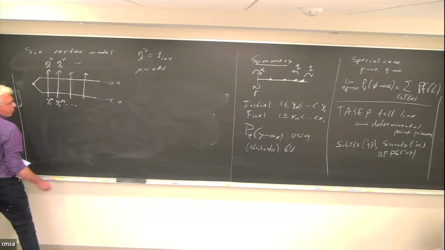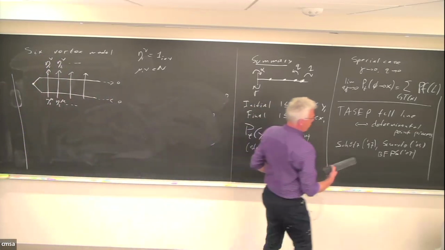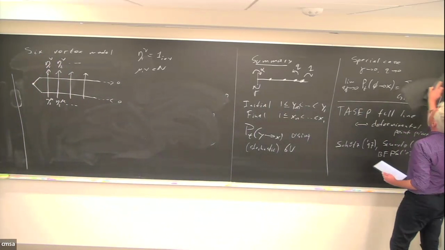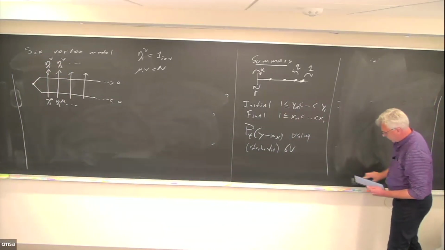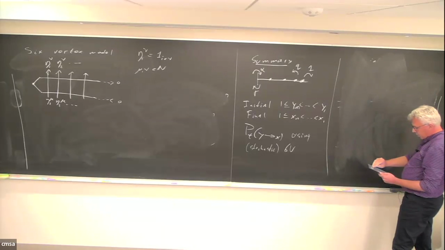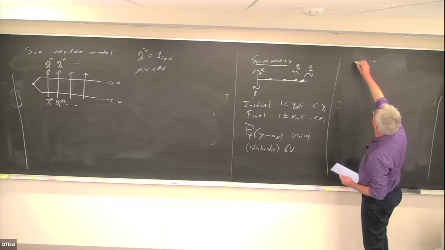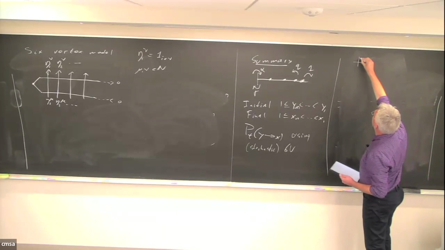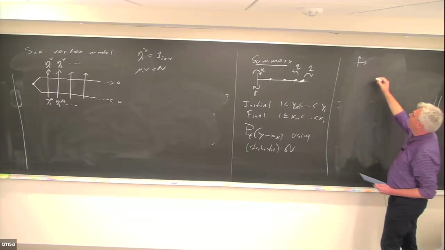And maybe I'll put the 6 vertex model here because I do need it. So we think of a vertex that occurs in this orientation.